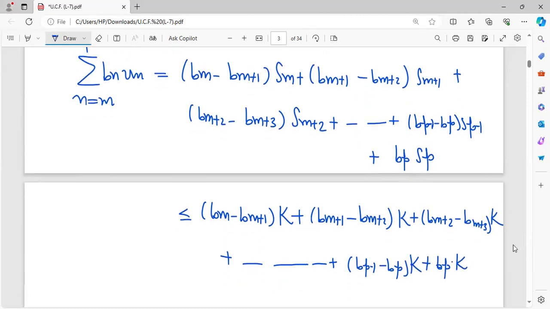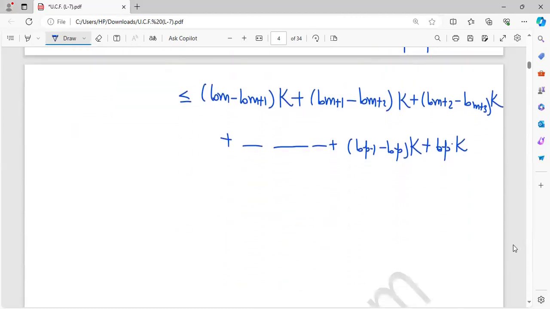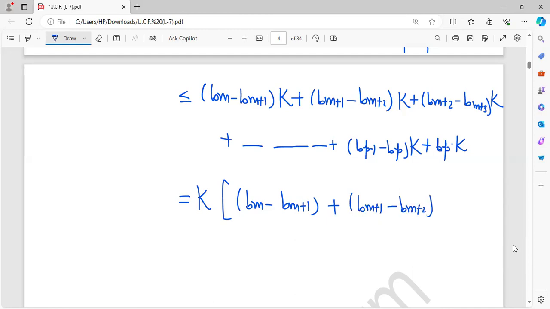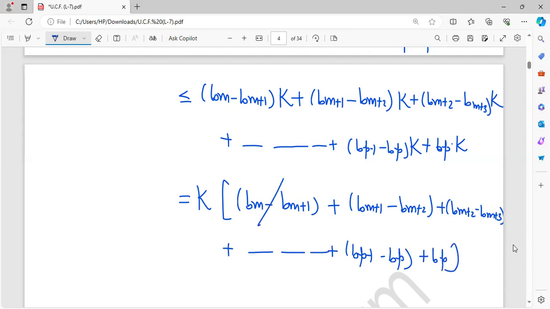You take capital K outside, common. So what you have? K times Bm minus Bm plus 1 plus Bm plus 1 minus Bm plus 2 plus Bm plus 2 minus Bm plus 3, up to Bp minus 1 minus Bp, plus Bp. So this cancels out.